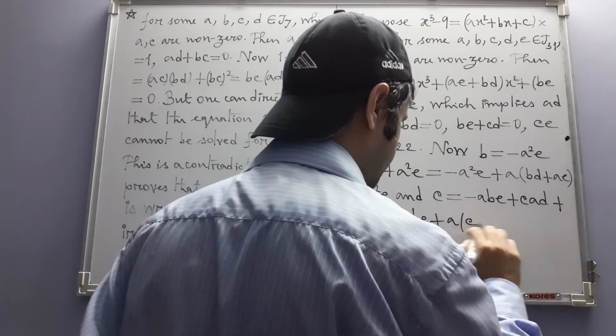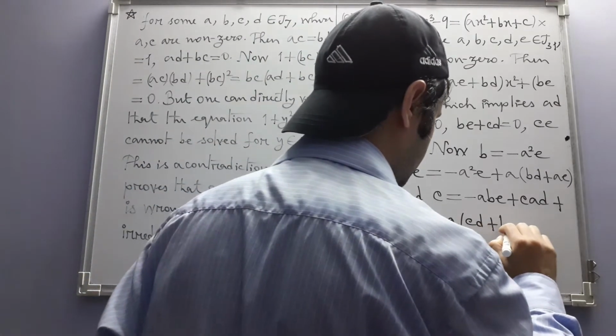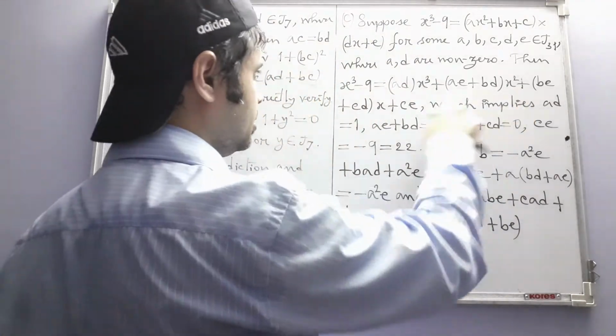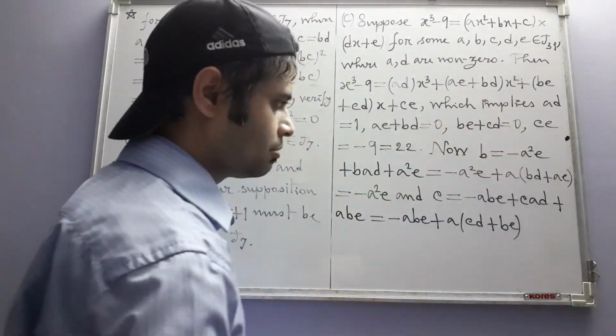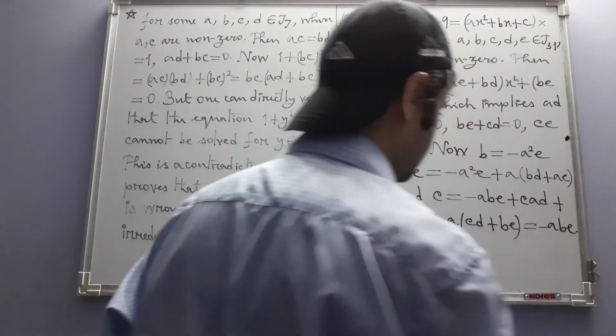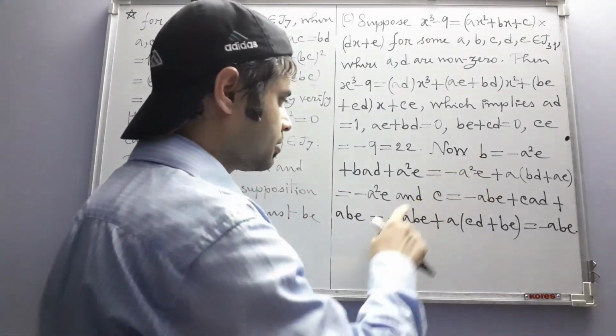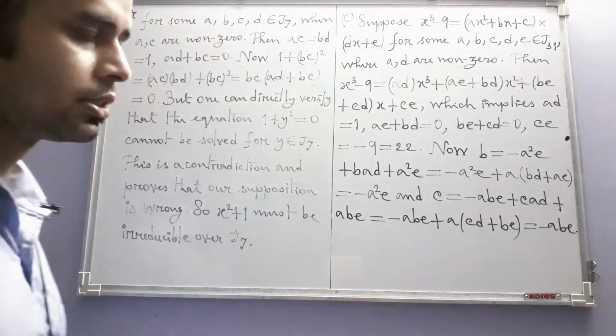So we will have CD plus BE. Again CD plus BE is also equal to 0. So this becomes minus ABE. We are now going to somehow use these expressions for B and C to conclude something.